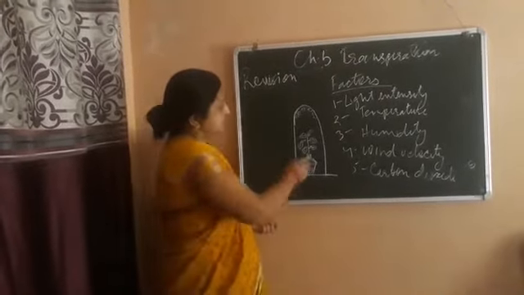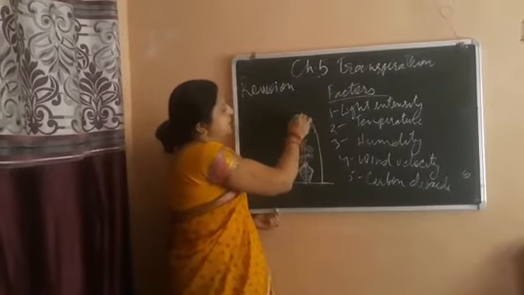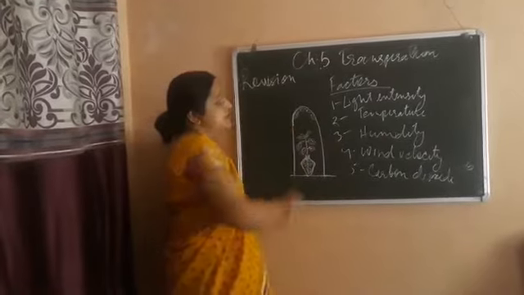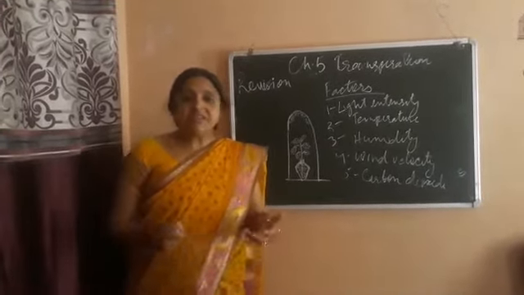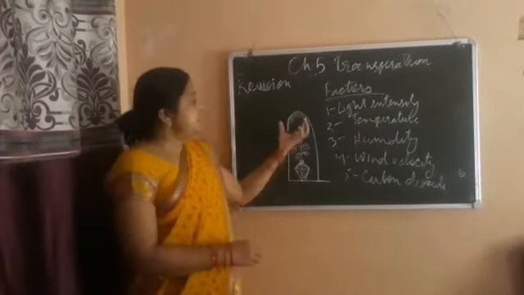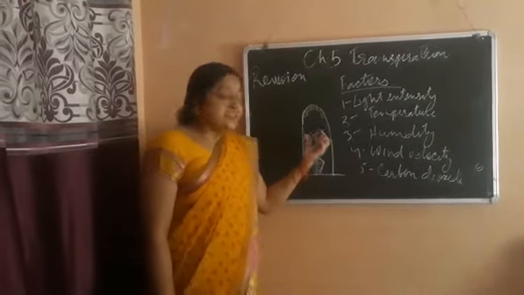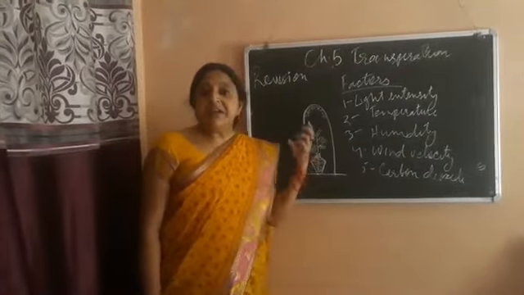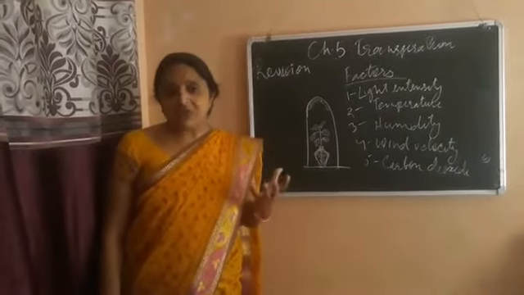Now, the next question is, why is the water seen in the form of droplets? Because in transpiration water is lost in the form of vapors. Then why is it in the form of droplets? Because after condensing, water vapors turn into water droplets.